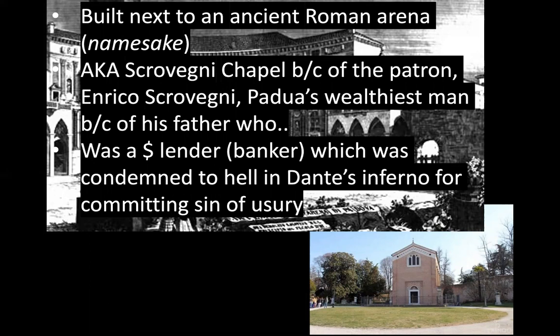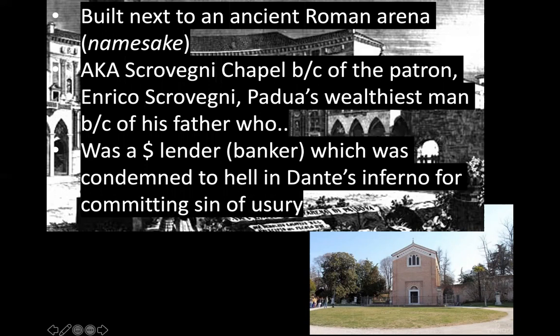His father would have been condemned to hell based on the writing of Dante, called Dante's Inferno. In this poem, Dante describes the landscape of hell and what people would look like when they're being tortured based on the sins they committed in life, just like being a moneylender.